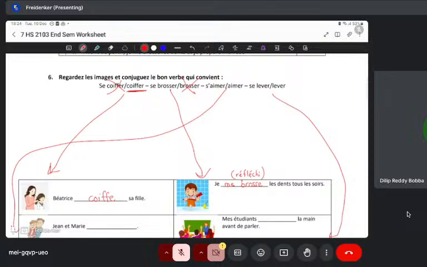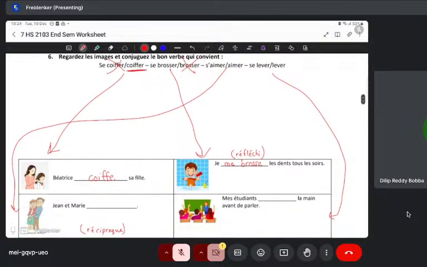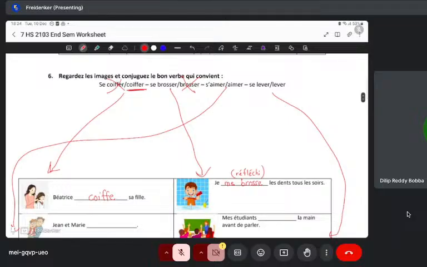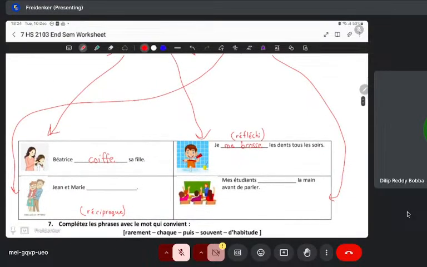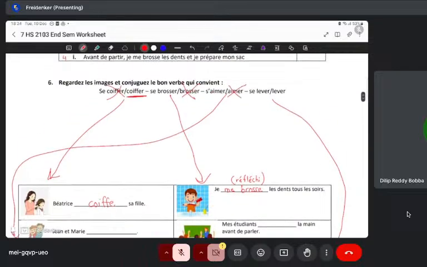So réciproque. You love each other, something like that. So if you're loving each other, that's reciprocal, right? So in reciprocal you will get your se as apostrophe. So in that case also it is not the normal verb. You have to use your reciprocal because you have two people loving each other. That was the concept of reciprocal.